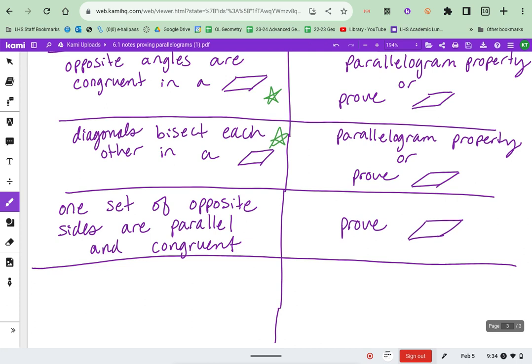But the rectangle has a special property of its own too, right? So a special property that we will use of a rectangle is that all angles are right angles. And that is a good old rectangle property.